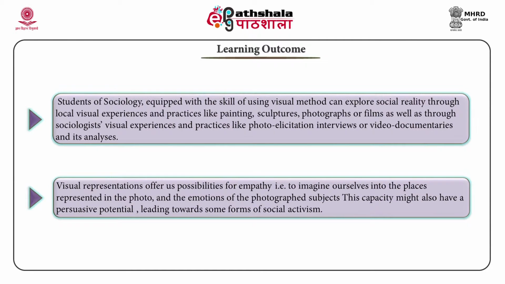Visual representations offer us possibilities for empathy, that is, to imagine ourselves into the places represented in the photo and the emotions of the photographed subjects. This capacity might also have a persuasive potential leading towards some form of social activism.